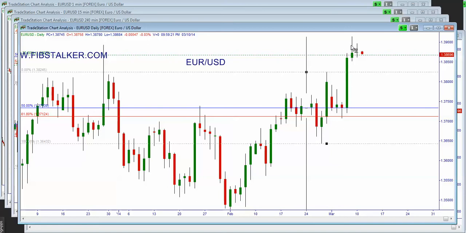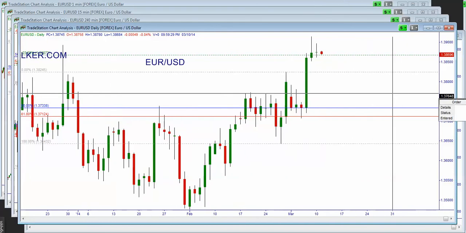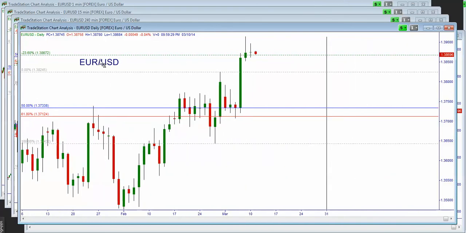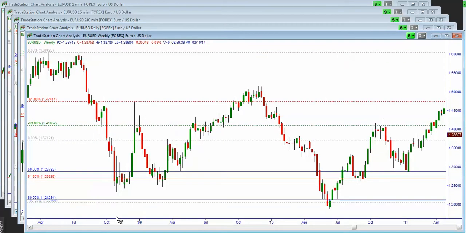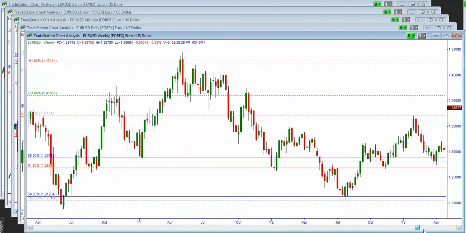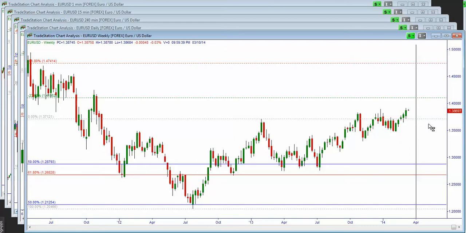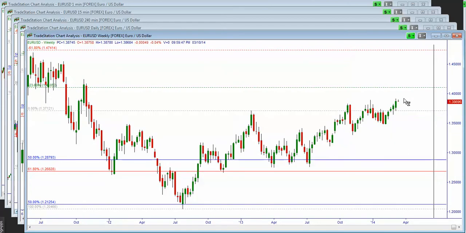So busted setup, but the market was anyway able to reach the first target, 138.70 here, and we know from the weekly chart that the target for this market is 141, and now we printed new highs, so the probability that we get there is very high.